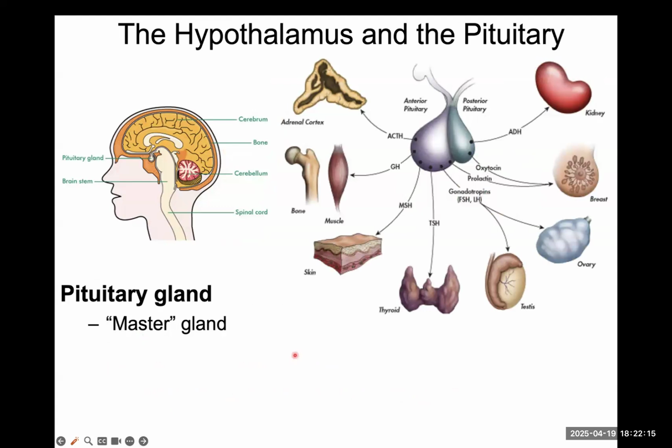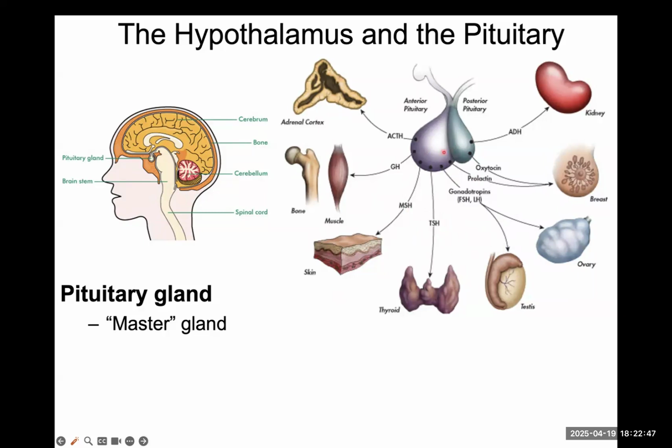Another main function is that it's responsible for a lot of the background stuff happening in your body. The pituitary gland is underneath the hypothalamus, and it's technically called the master gland. The reason it's called the master gland is because look at all these organs it controls: part of your reproductive system, your metabolism, color of your skin, bones and muscles, and the urinary system.